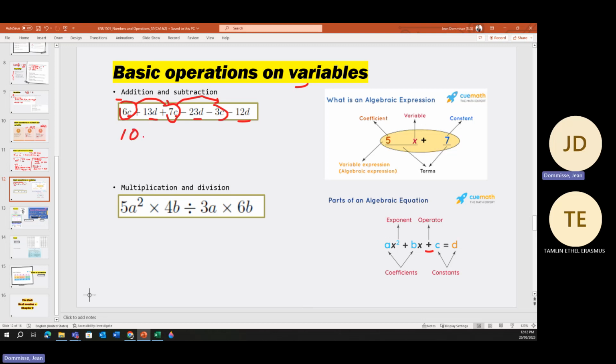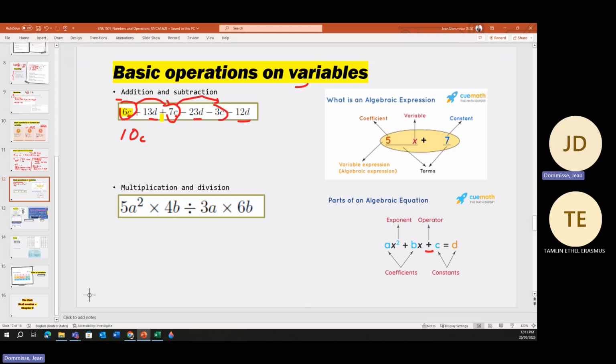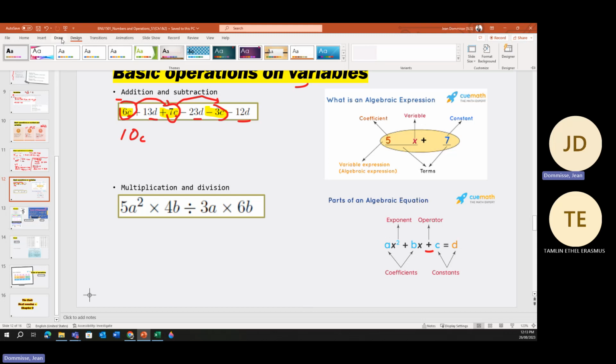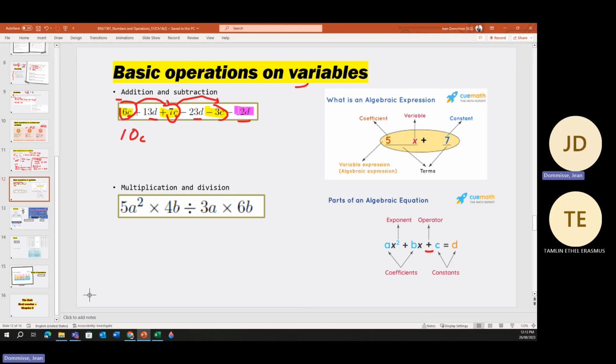We do all the C components first, and then we do the D components. The D components are minus 12, minus 23, and plus 13.